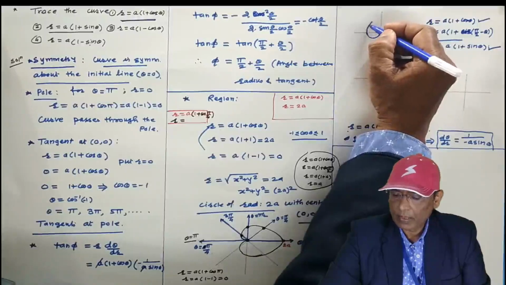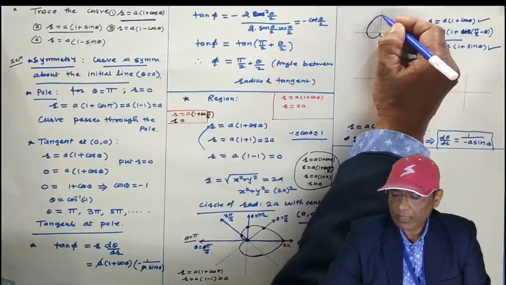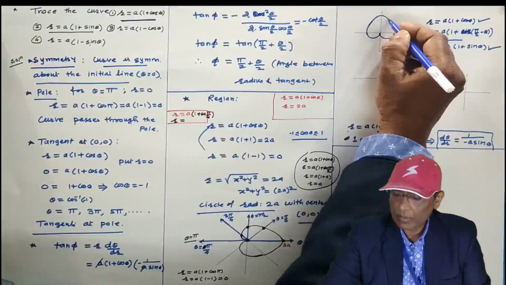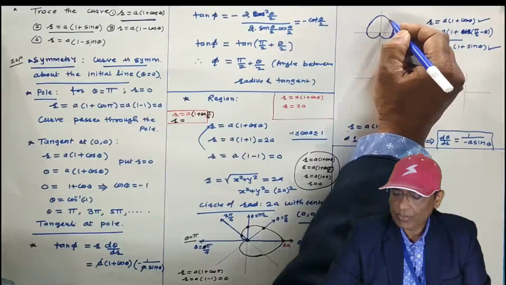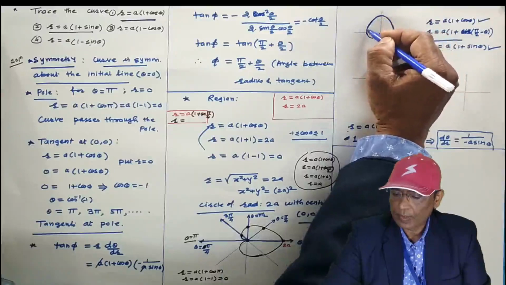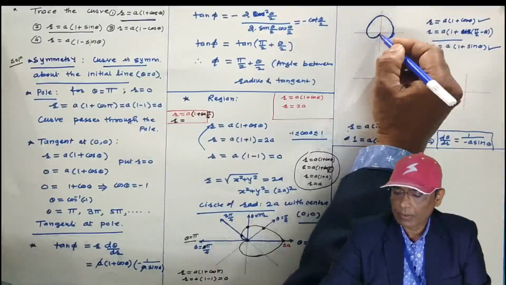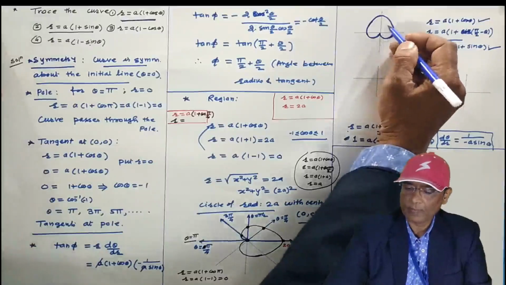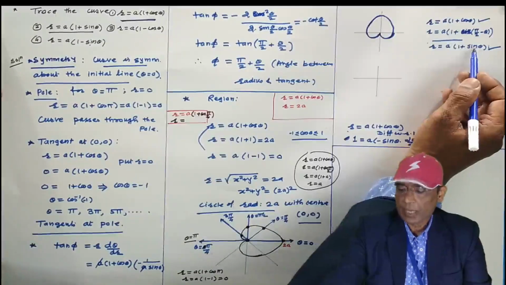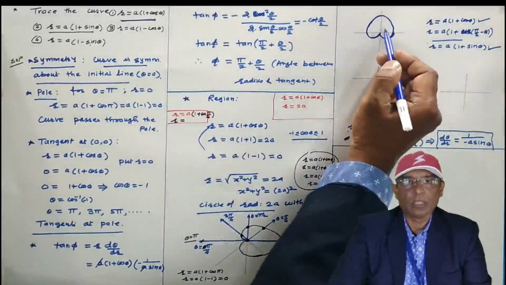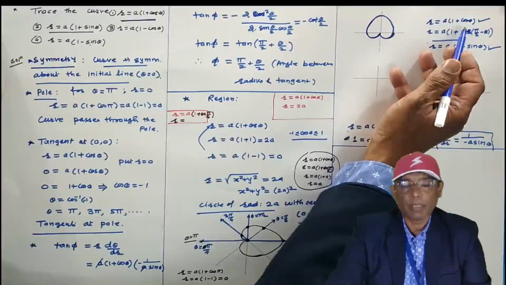Exactly the same area and symmetry you will not get because I am using free hand. This curve is r is equal to a(1 plus sine theta). From this curve I have drawn this curve directly by the rotation method.